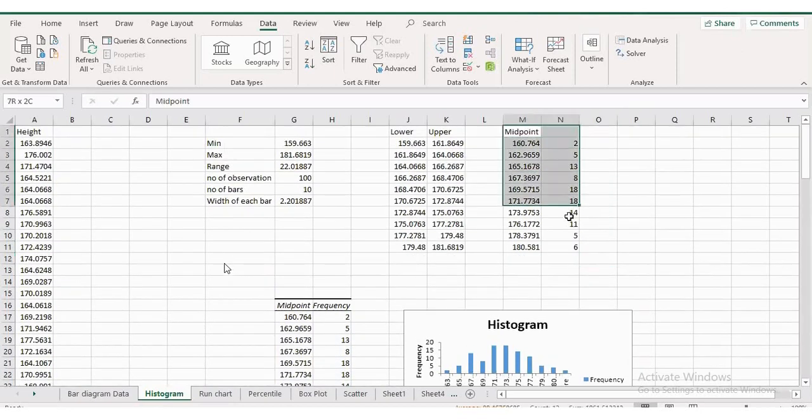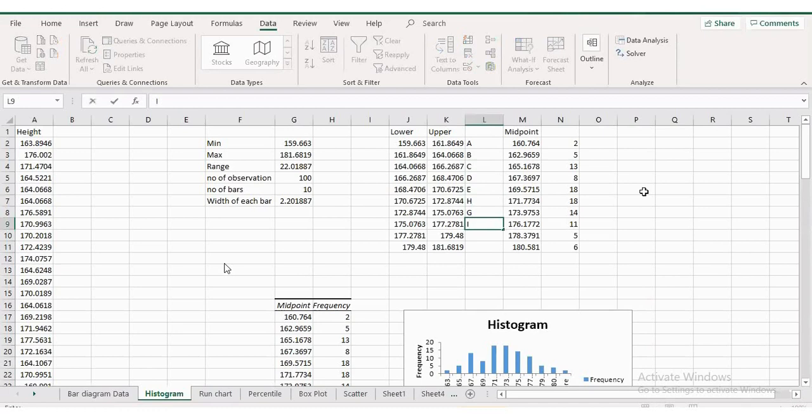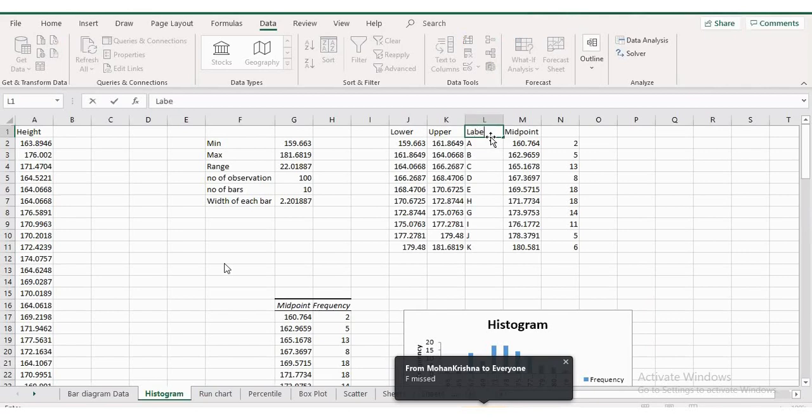Now I can plot this, right? This is my x-axis. So instead of the x-axis values, I'm calling these A, B, C, D, E, F, G, H, I, J, K. So now these are the labels.